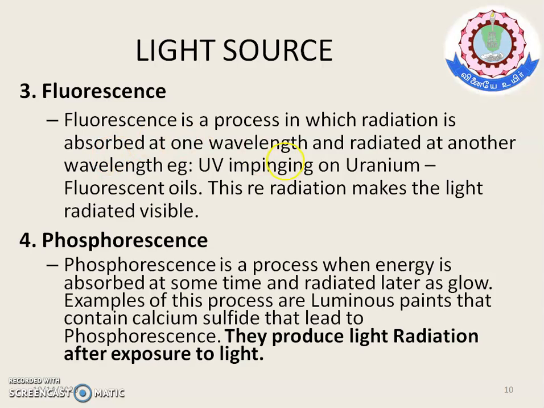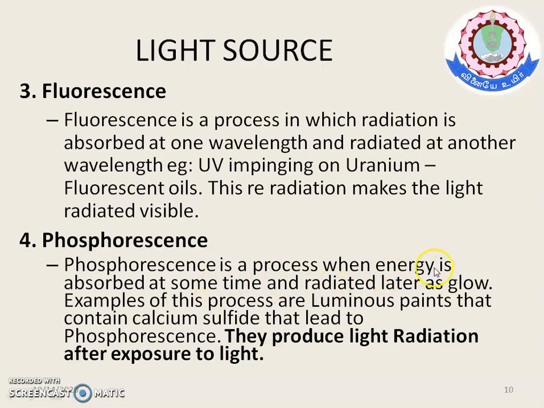The third one is fluorescence. It is the process in which radiation is absorbed at one wavelength and radiated at another wavelength. An example is UV imprisoning or uranium fluorescent oils. This re-radiation makes the light radiated visible. It absorbs UV and, when giving it out, converts it to the visible spectrum. So that is fluorescence.